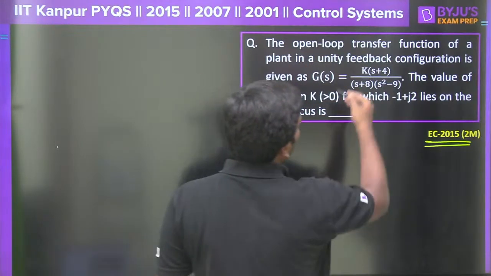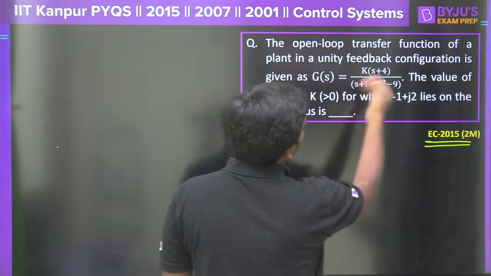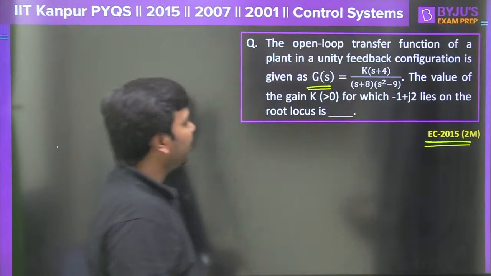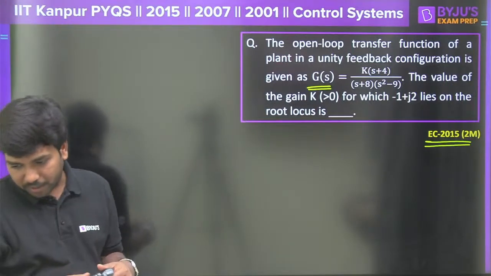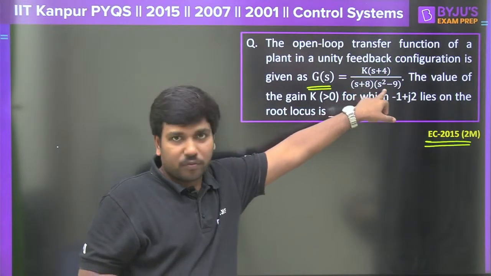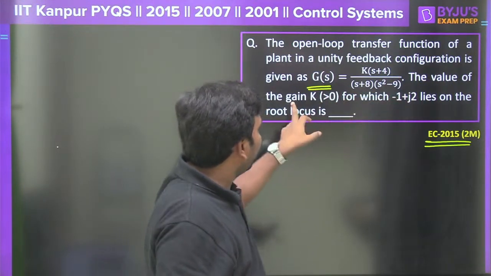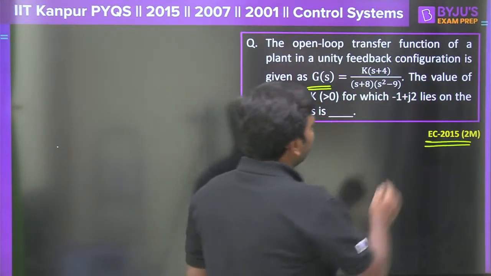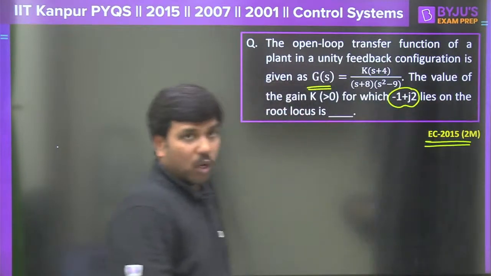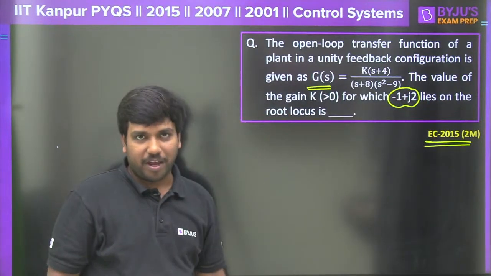The open loop transfer function of a plant in a unity feedback configuration is given like G(s) is equal to K into (s plus 4) divided by (s plus 8) into (s square minus 9). The value of the gain K, for which minus 1 plus j root 2 lies on the root locus is dash.